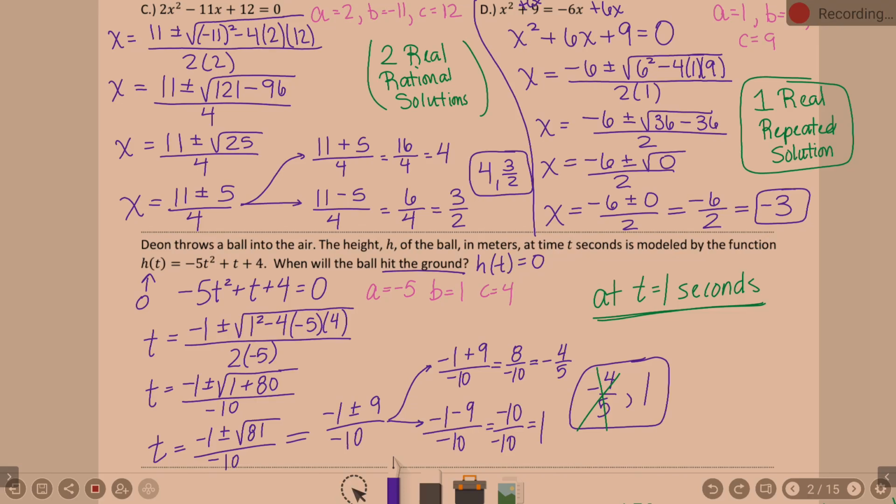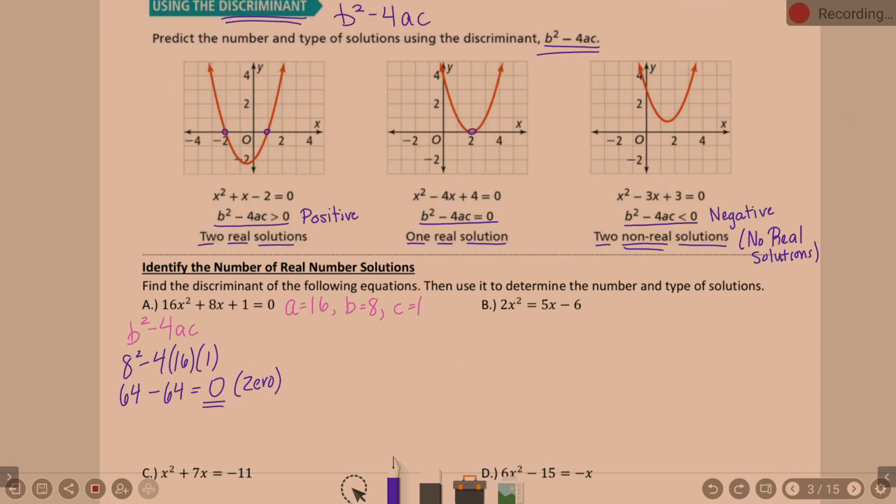When b squared minus 4ac under the radical became 0, we only had one solution. That's exactly what the discriminant is telling us. It would be a repeated solution because it would occur twice in terms of factors. But I believe all you need to know is the one real solution.